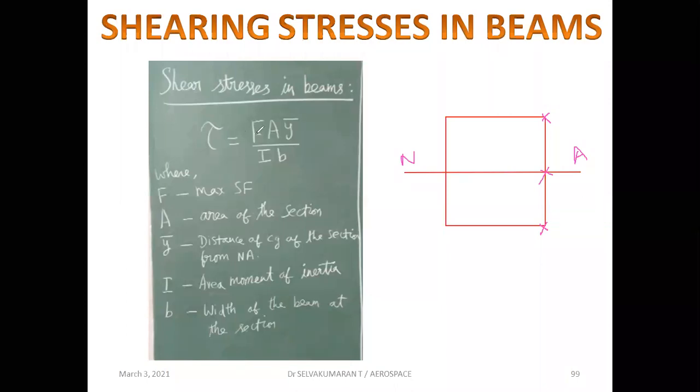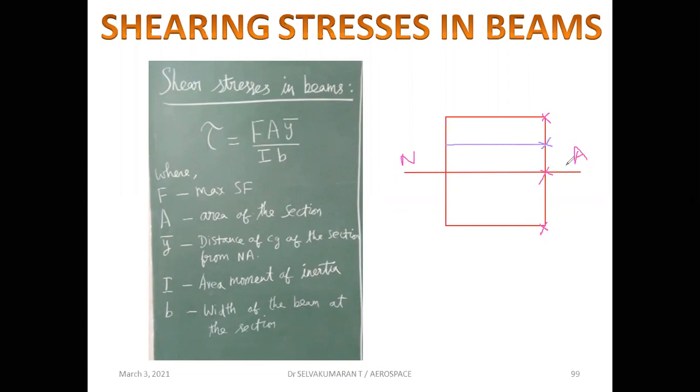Now, for example, if it is required to find the shearing stress at any specific point above the neutral axis, say now I want to find the shearing stress here, at this point.